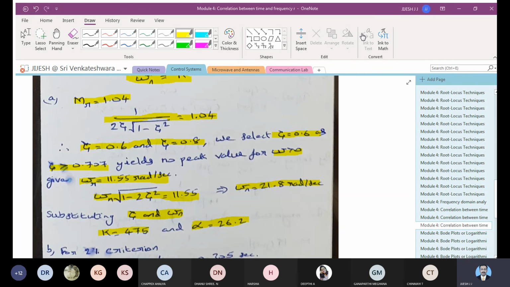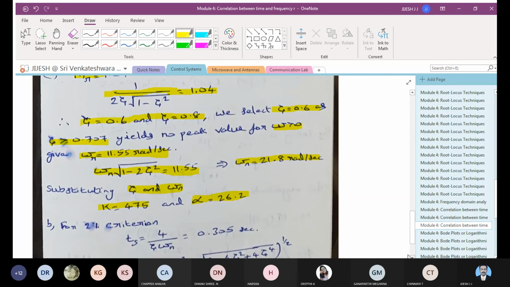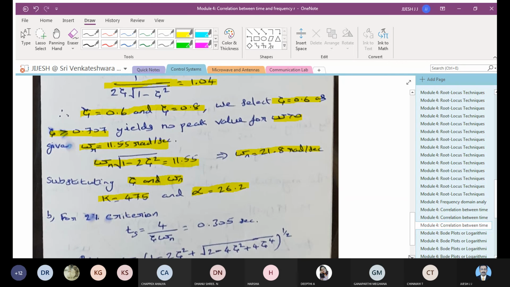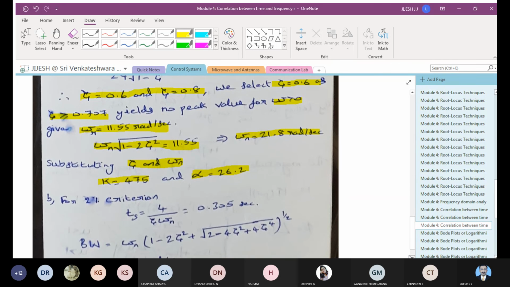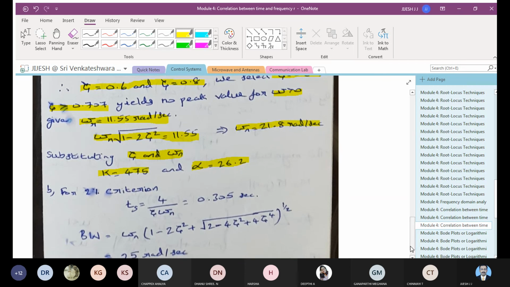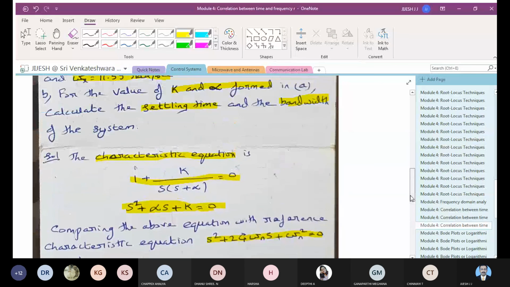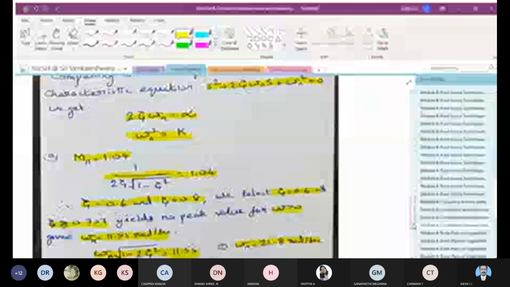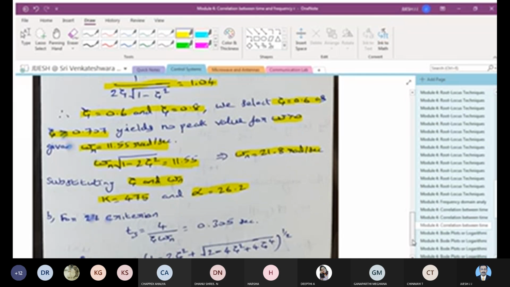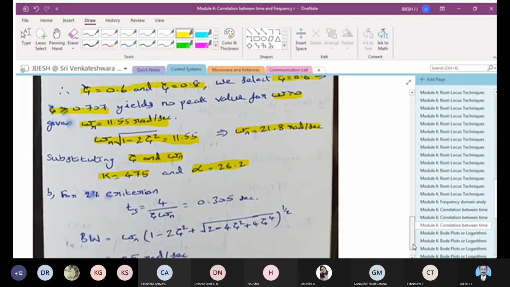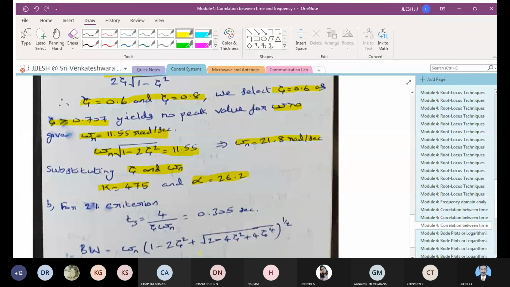So complete that problem and you'll get those values there.